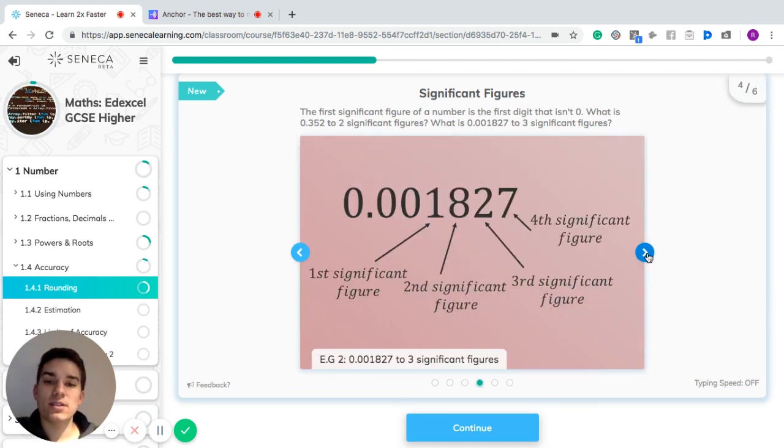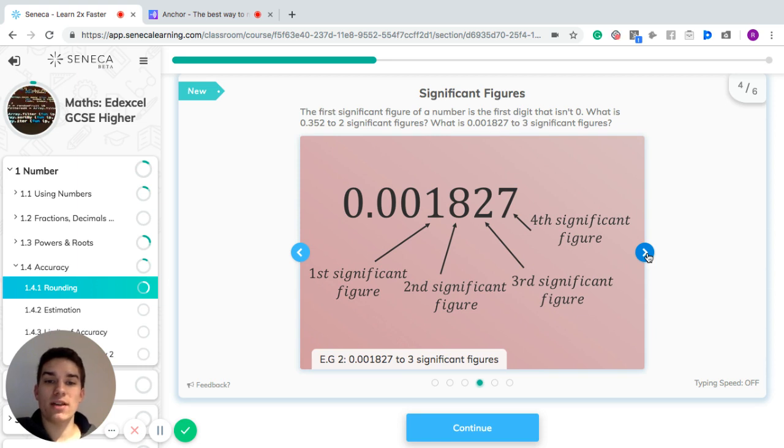Now if we want to round 0.001827 to three significant figures, I recommend you write that down. The first significant figure is the first figure that is not 0. So in 0.00, none of them are significant figures. The 1 that comes after that is the first significant figure.